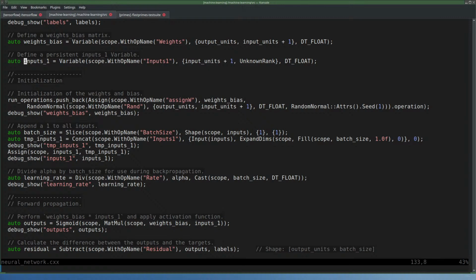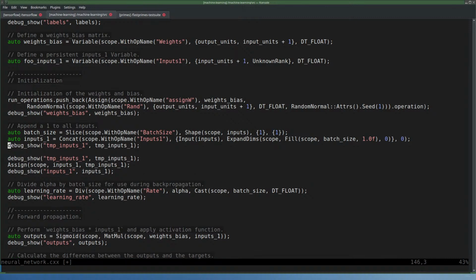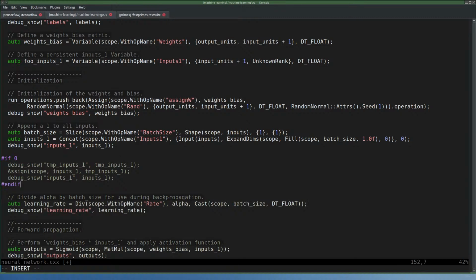Okay, so I'm gonna call this one foo. And then we're going to call this one what it was. Now I have the same code that I had, but this line is extra, I think.